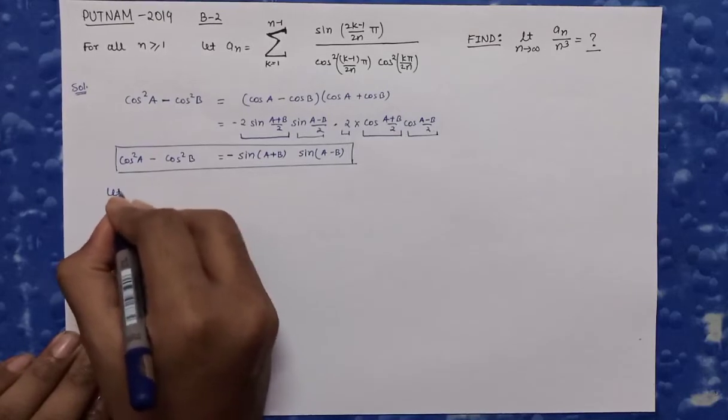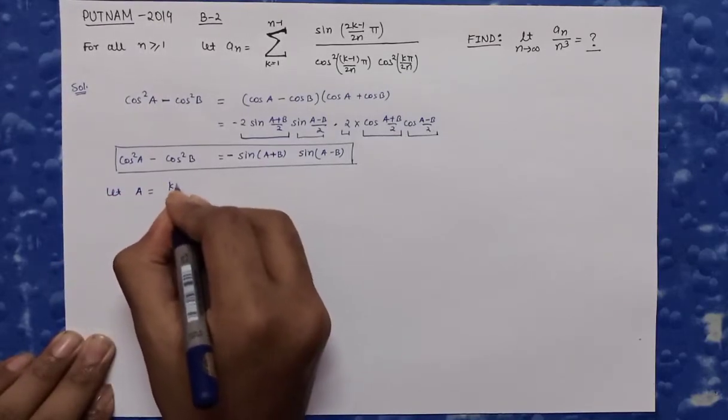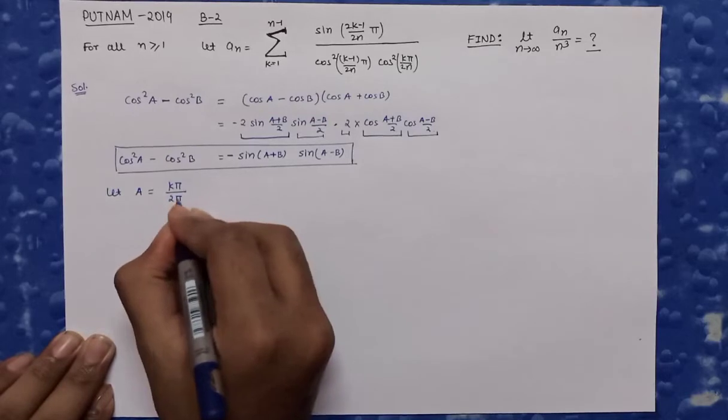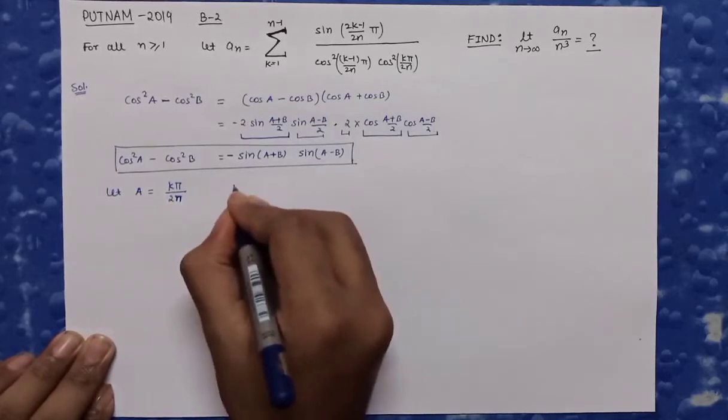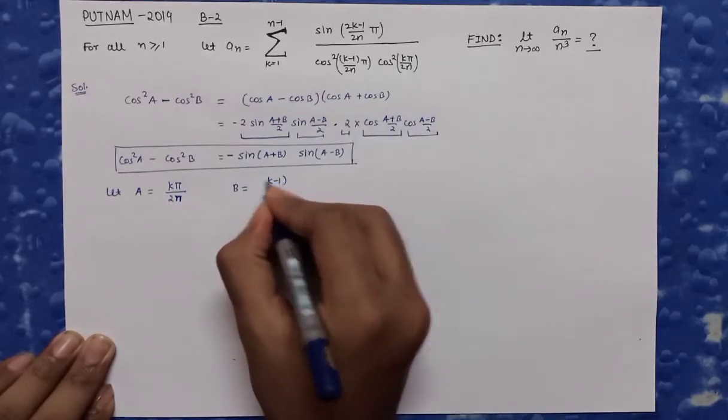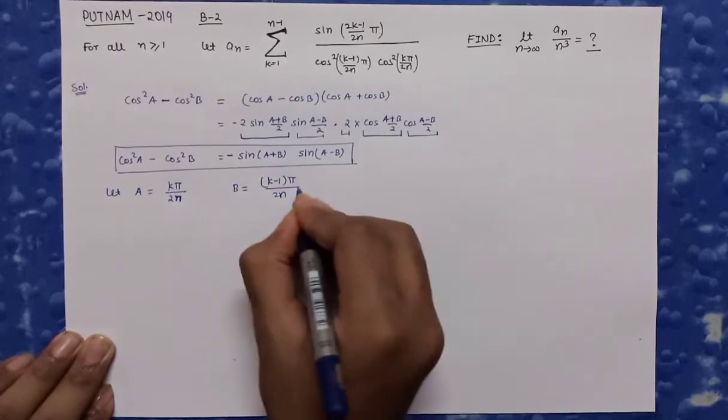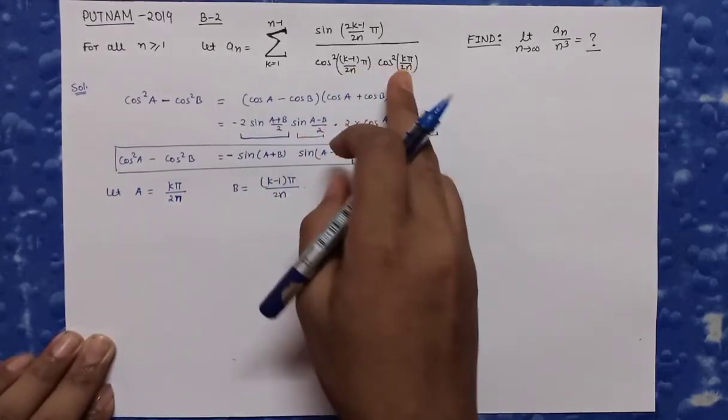Now let a be k pi by 2n, and b be (k minus 1) pi by 2n. I am assuming this because those two are angles there.